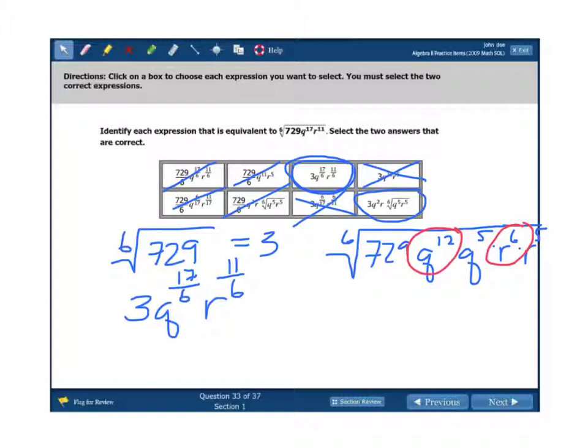All right, I already have my 3 right here. The 6th root of q to the 12th is q squared. The 6th root of r to the 6th is r. And then left over inside the 6th root, I still have q to the 5th, r to the 5th. And that confirms it. That bottom right-hand corner is my second answer to the question.